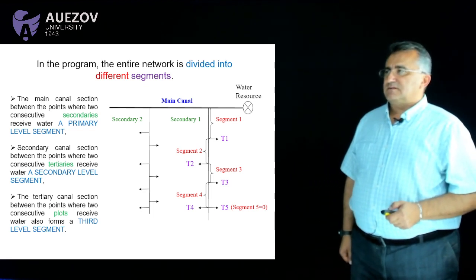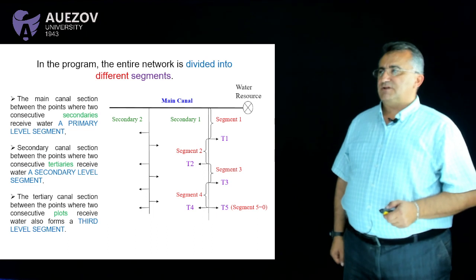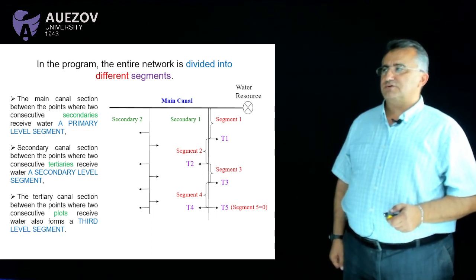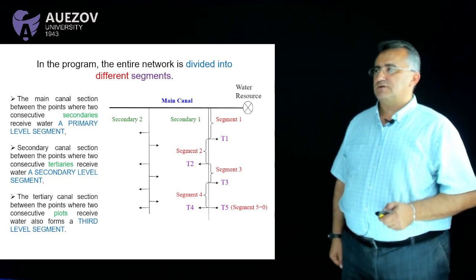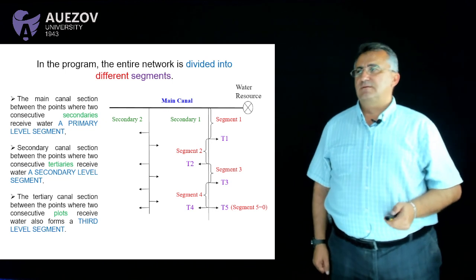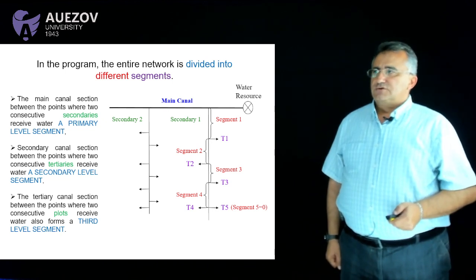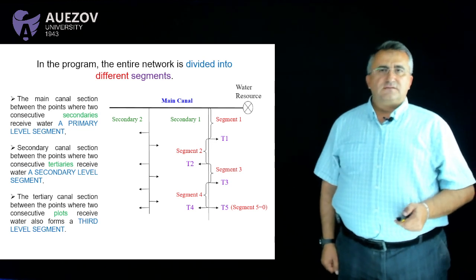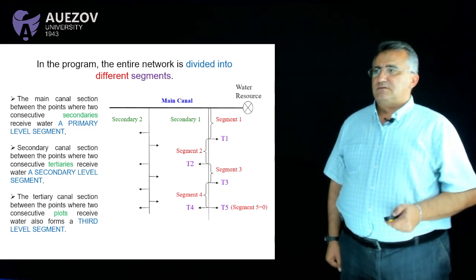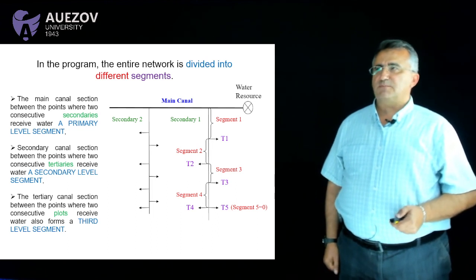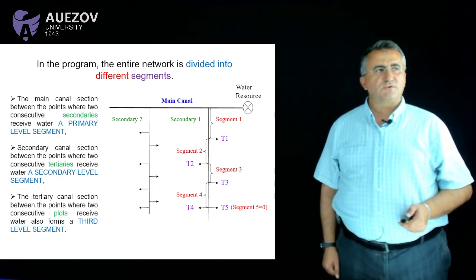And the tertiary canal section between the points where two consecutive plots receive water also forms a third level segment. So we can divide the entire irrigation network into different segments in accordance with their level.